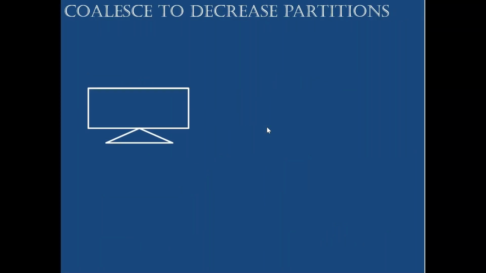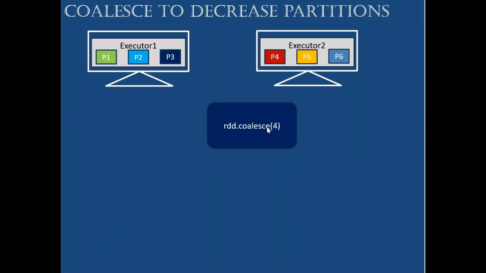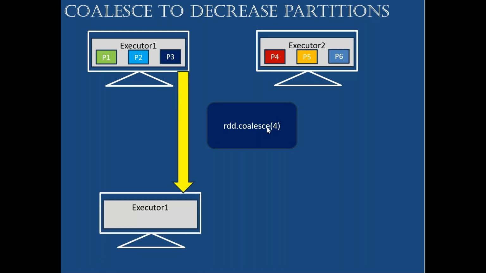Now, if you take Coalesce to decrease the partitions, how does it work? I am using rdd.coalesce(4) or df.coalesce(4) to decrease the partitions. When you decrease, how will it work?